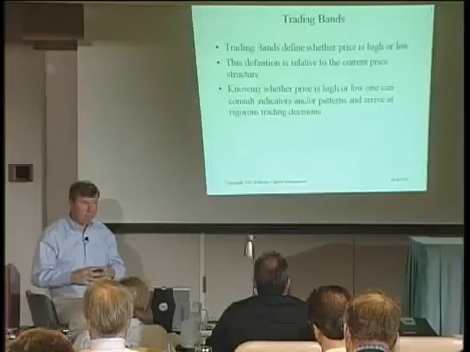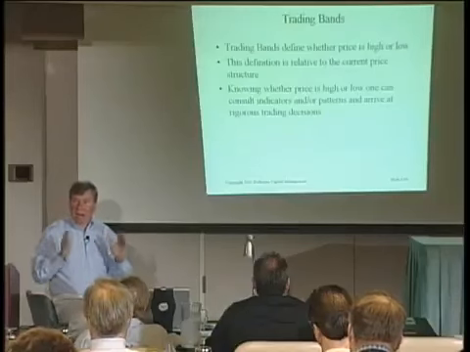And the reason for this is that we are doing this in order to compare price action to the action of indicators. So later on we'll look at indicators and we'll find out whether indicators are high or low, and then we'll know whether price is high or low, and we'll combine those rules into trading systems.